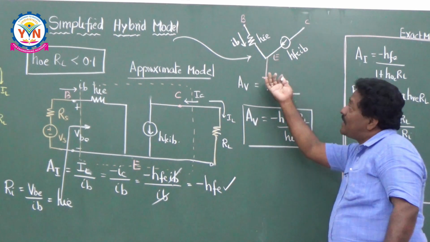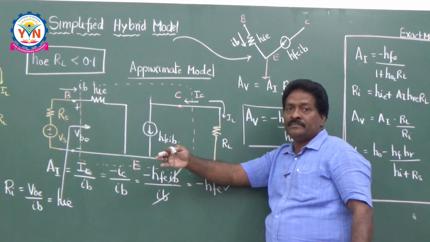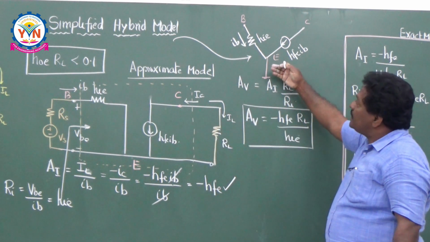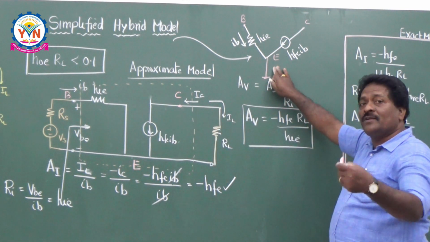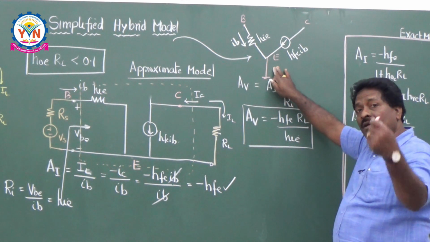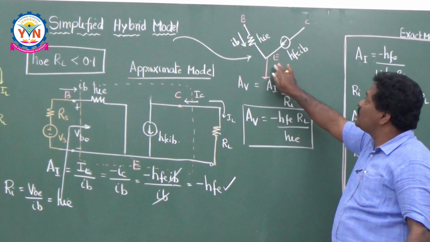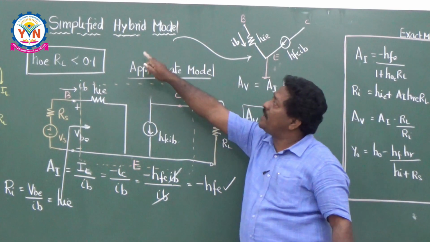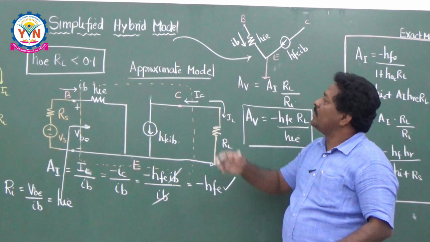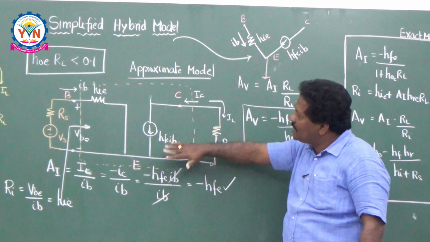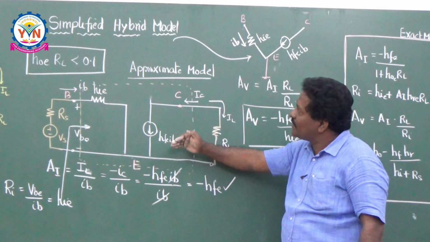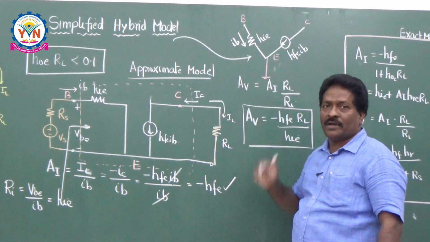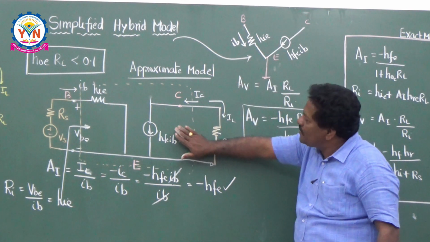It is evolved from the common emitter model, but it is very easy to use in other configurations. The analysis will be very easy whenever you are using this model. So your approximate model of the CE configuration is nothing but your simplified hybrid model.